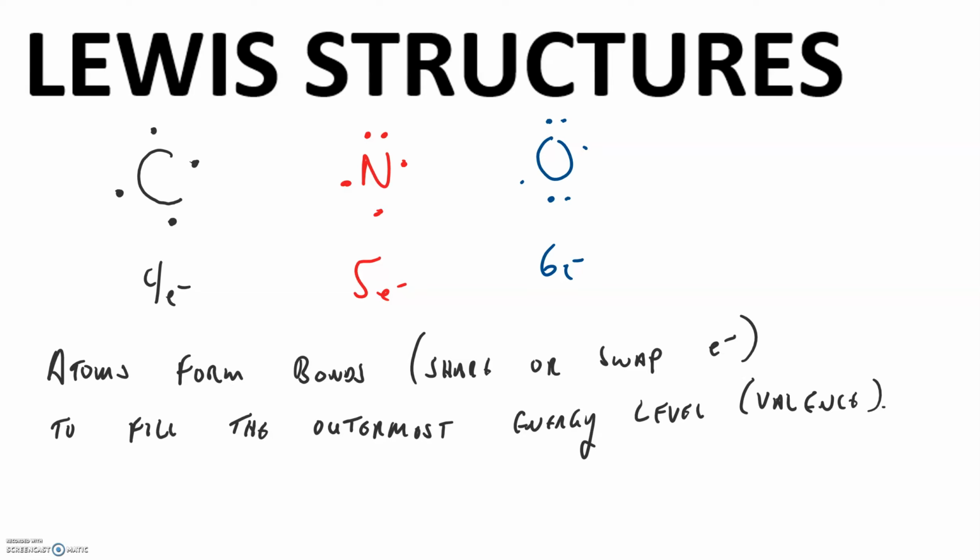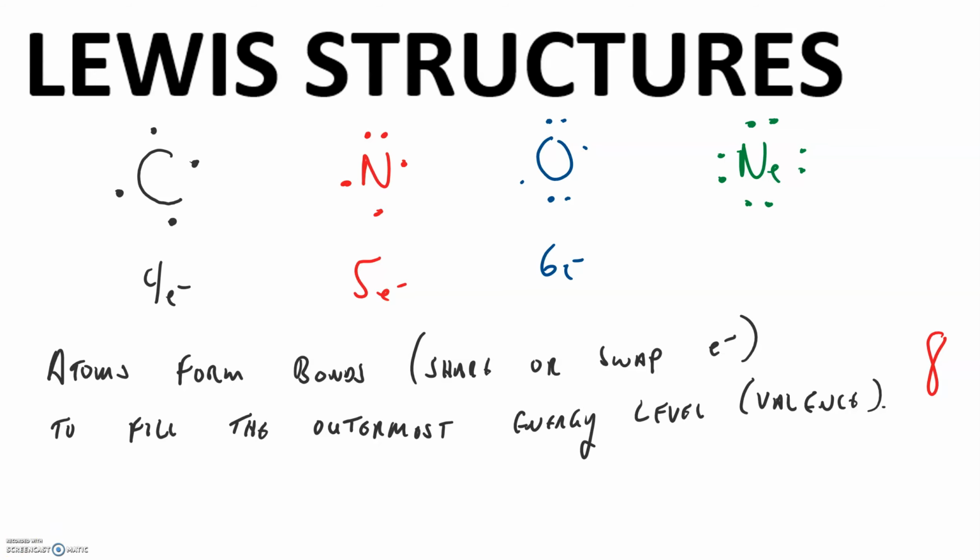And let's remember that the magic number here is 8. This is why elements that are noble gases like neon don't typically form bonds with anything. They are inert because they already have 8 electrons. So we're going to try to do this in such a way that everybody's got access to 8. And we're going to call this the octet rule.